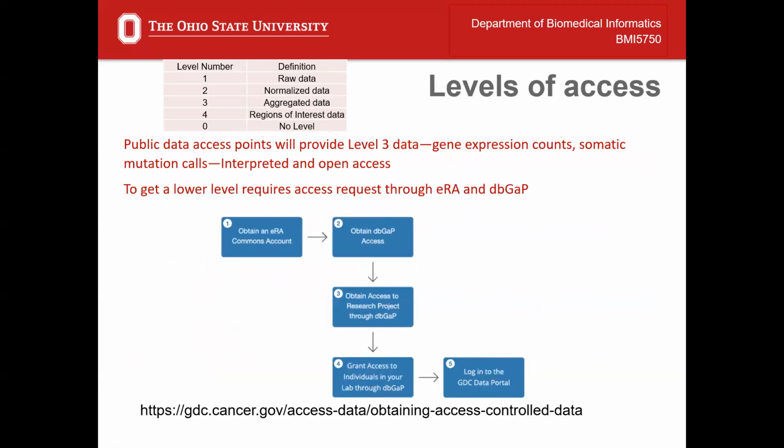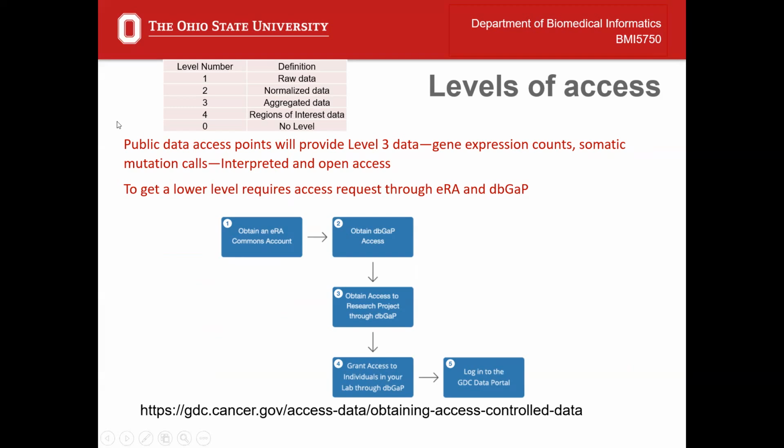Then there are different levels of analysis. So what you're going to see in most of the public databases will be level 3 data. This is going to be gene expression, counts, mutations, CNV calls, aggregated, and directly usable.